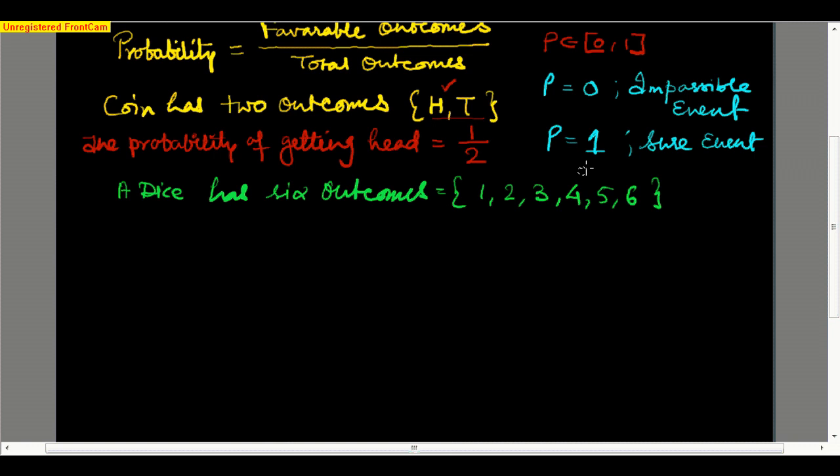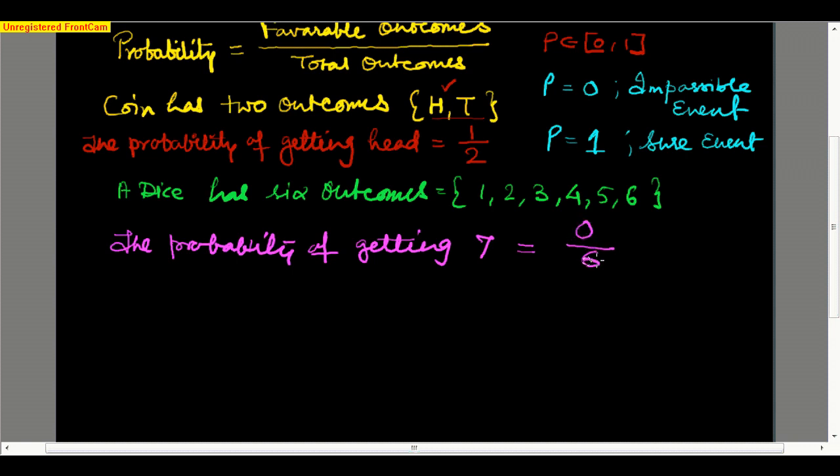If I say, what is the probability of getting 7? Getting 7 is not possible here, so we don't have any favorable outcome. The favorable outcome is 0 and the total outcome is 6, so we'll get 0. This is the impossible event.